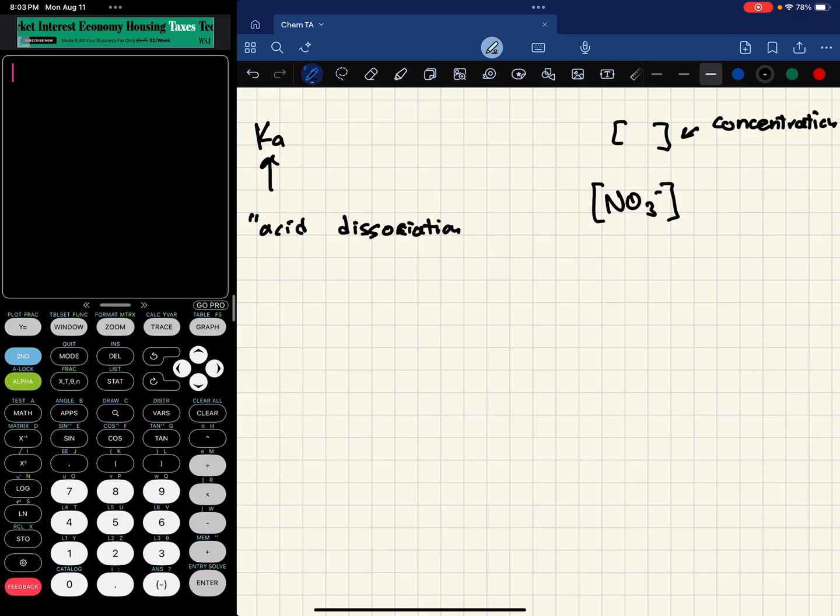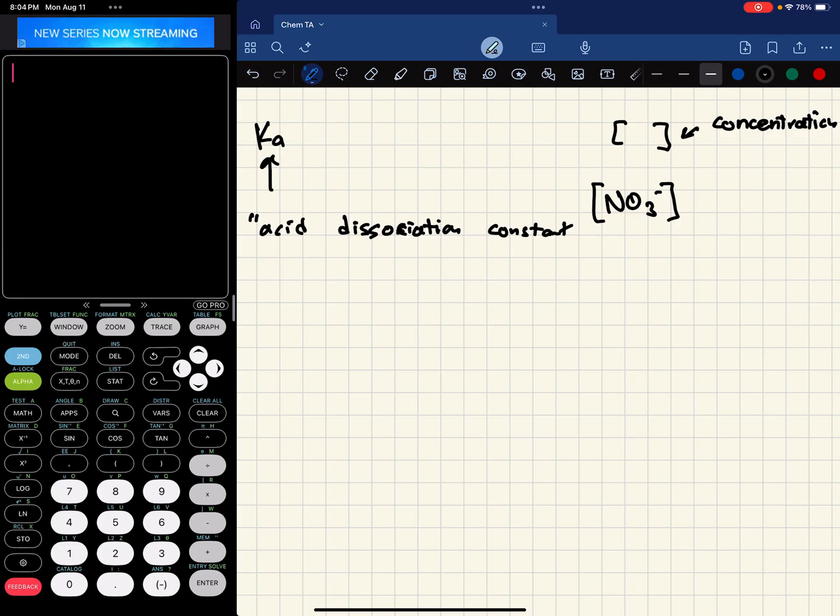Basically this tells us how much of the acid is dissociated, because it's products favored. That's usually a higher Ka value, and that means products are favored. So a higher Ka value means a stronger acid.